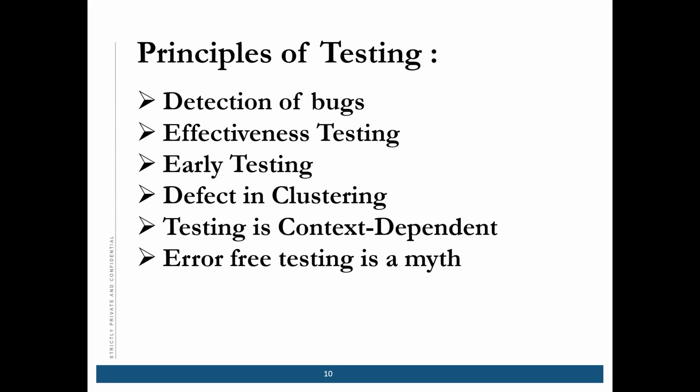So the principle also plays a significant role in finding the bugs in your product. Software testing can help in detecting bugs. Software testing helps to reveal the bugs that may or may not be detected by the developer. As I told you, the developer has their own way of finding defects, and the software tester has their own way of finding defects.